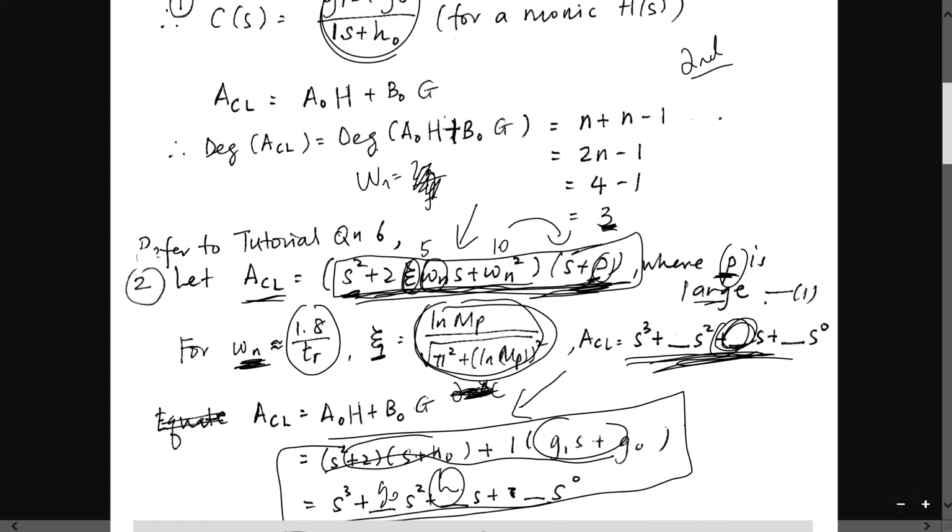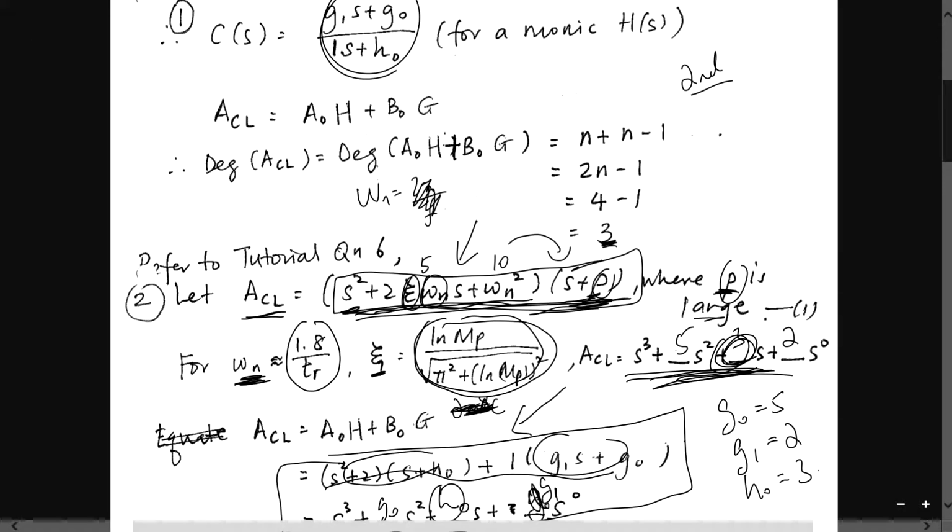For example, this is h0, this is maybe g1. So this is 5, this is 3, this is 2 after you solve. So your g0 is equal to 5, your g1 is equal to 2, and your h0 is equal to 3, for example. Just simply sub back into your general equation for your controller.